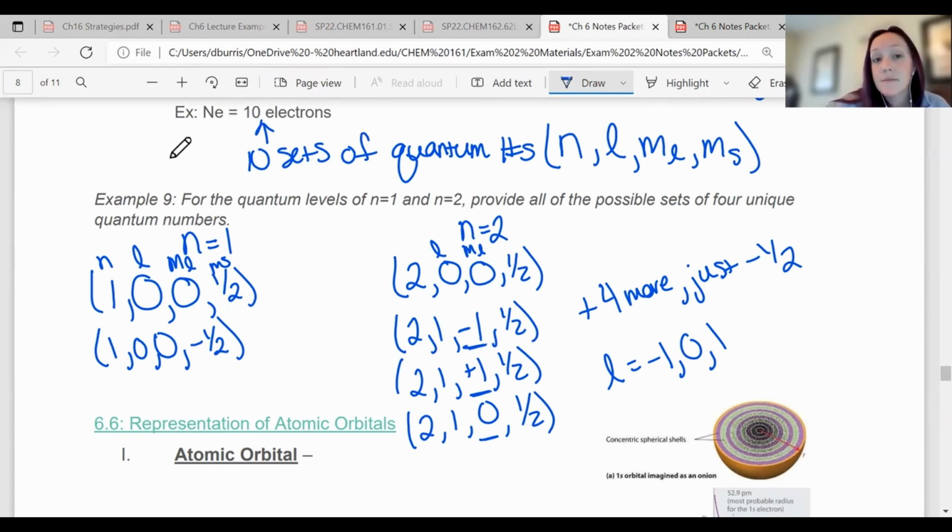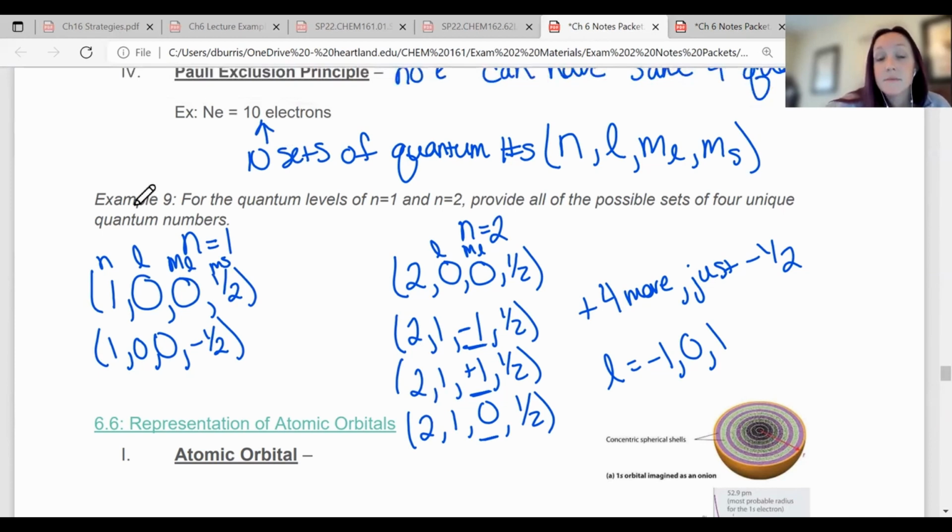One set of quantum numbers means one electron, because they're not going to have the same set of quantum numbers. So this could be 10 different electrons. All of these numbers would be occupied if it was 10 electrons, because you have 2 from n=1 and 8 from n=2.